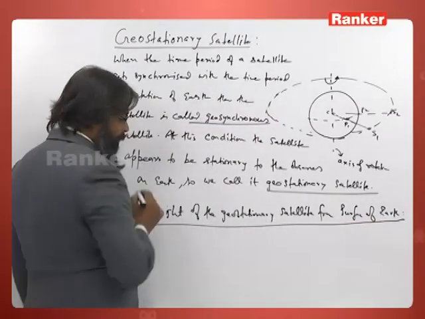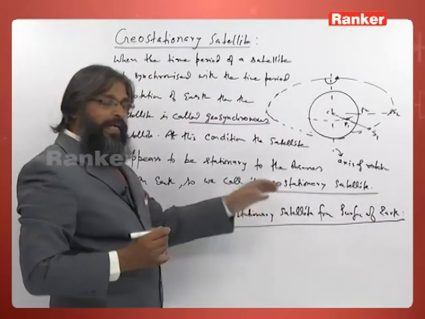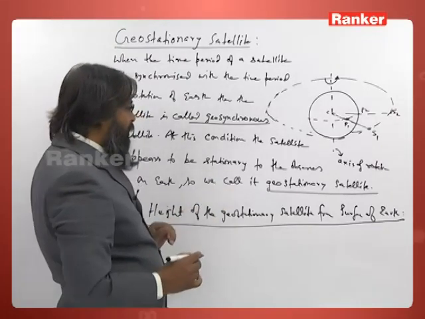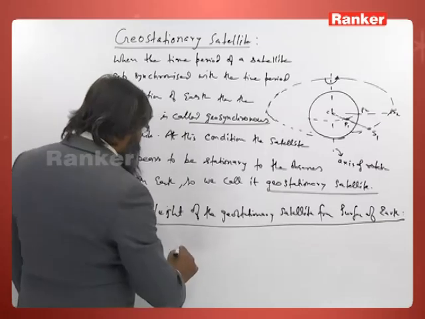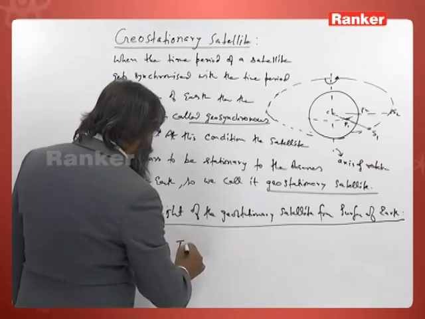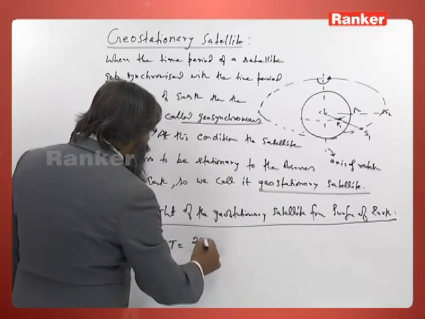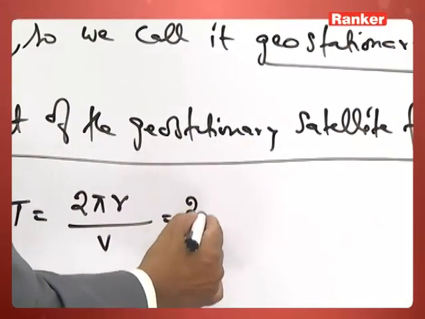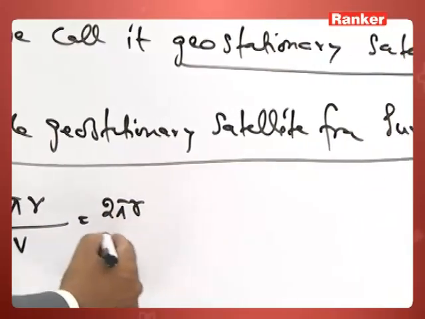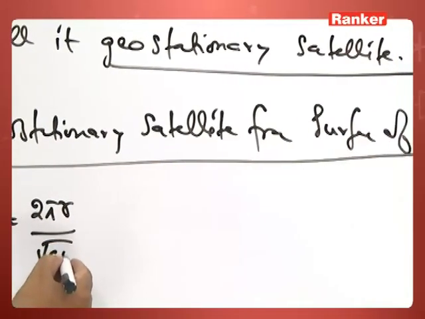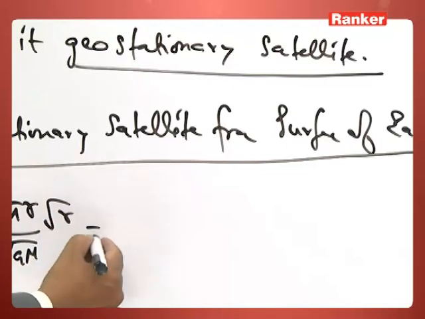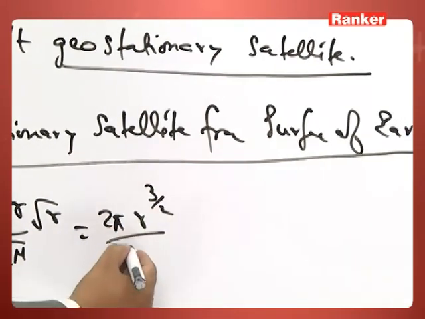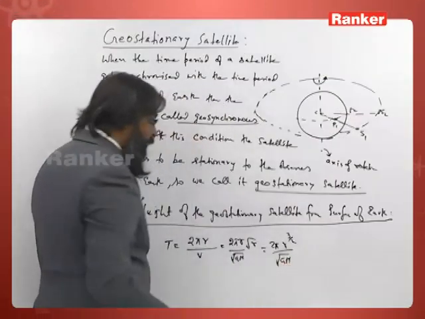Let us evaluate this. In order to evaluate, we will equate the time period of the satellite. Already we have seen that the time period is given as 2 pi r by v, that is equal to 2 pi r by root over GM by r, that is 2 pi r to the power 3 by 2 by root GM.